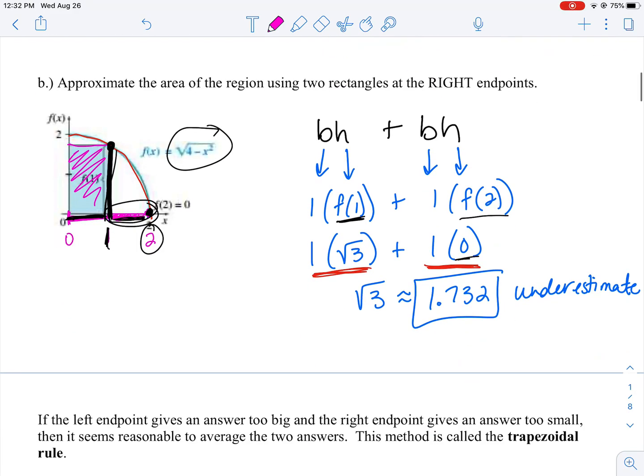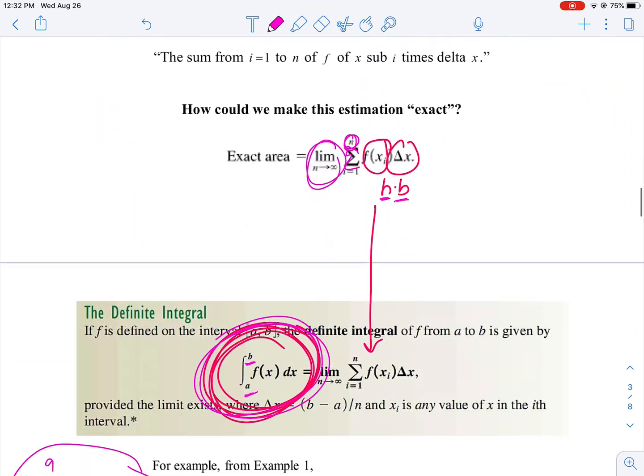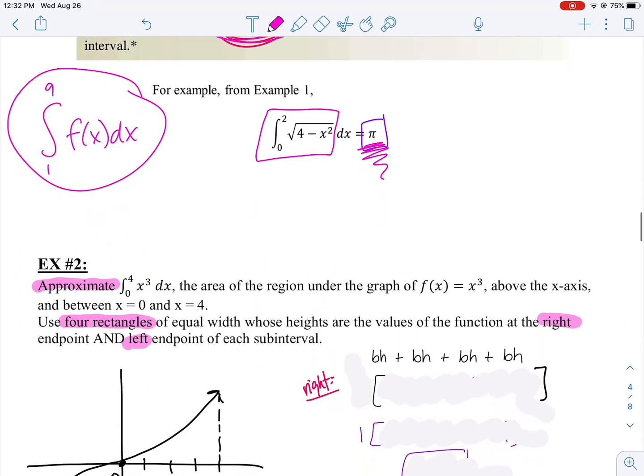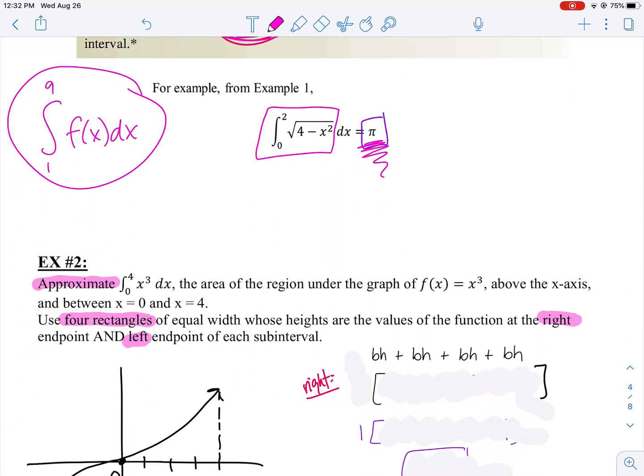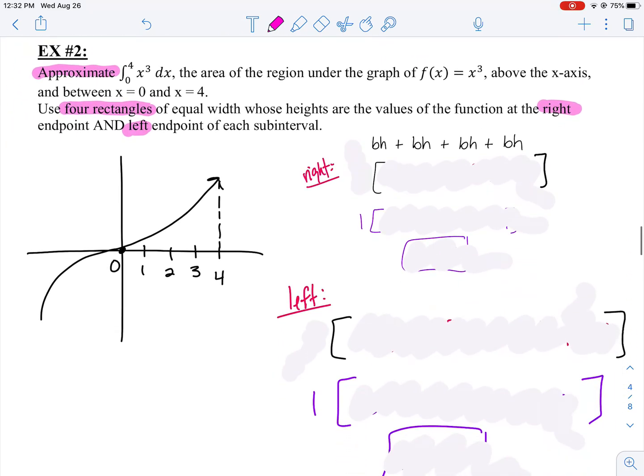We got an underestimate of 1.7. Well, the actual exact area is 3.14 blah, blah, blah, whatever pi is, right? And so now we can find an exact area underneath the curve because it's the same as integrating from A to B. All right, before we go into some integration techniques, let's still approximate.